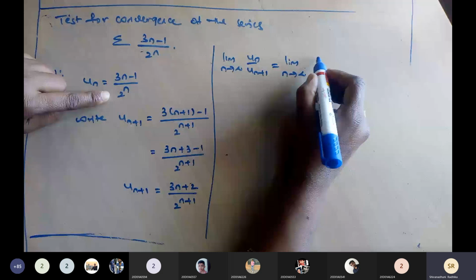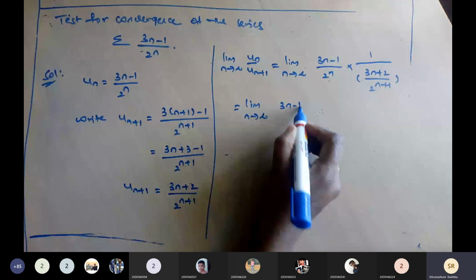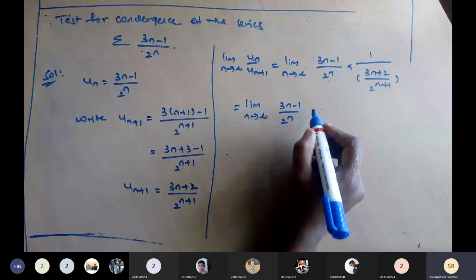Now I'm going to write the simplification. Limit as n tends to infinity of 3n minus 1 by 2 to the power of n, and this is 1 by the denominator, so the denominator changes into the numerator and the numerator into the denominator: 2 to the power of n plus 1 by 3n plus 2. It is clear? Any doubts?